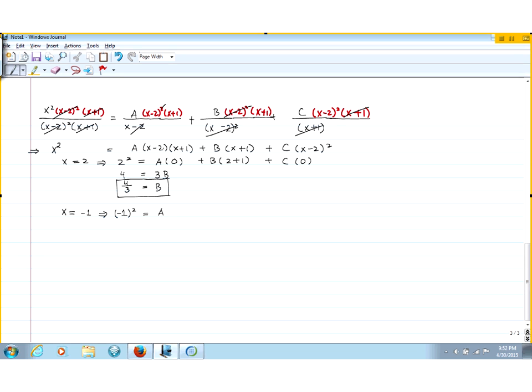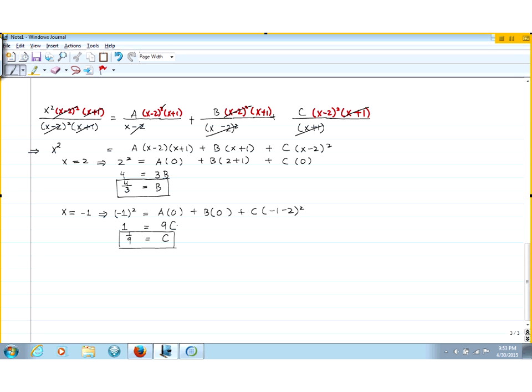If I substitute -1 here, this will be 0 also, plus B, oh, -1 plus 1 will be 0, plus C times -1 minus 2 squared. So -1 squared is 1, equal to 0 plus 0 plus C times -3 squared, and -3 squared is positive 9. So 9C, divide both sides by 9. C is 1 over 9.